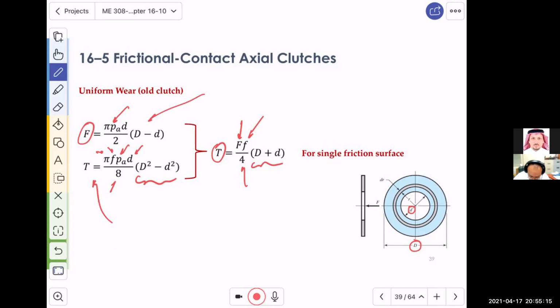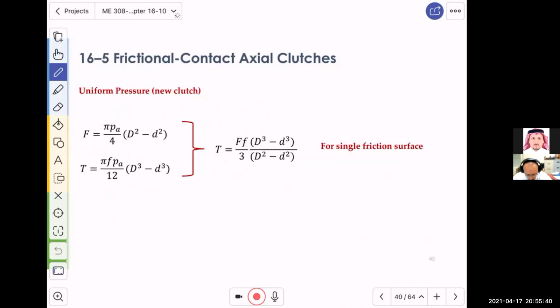But if you express this relation here, then it is only for a single friction surface. So if there are multiple ones, you need to multiply by the number of them. The amount of torque that you need for multiple surfaces should be T multiplied by the number of single surfaces. That's why this note is there. I want you to understand this very well.